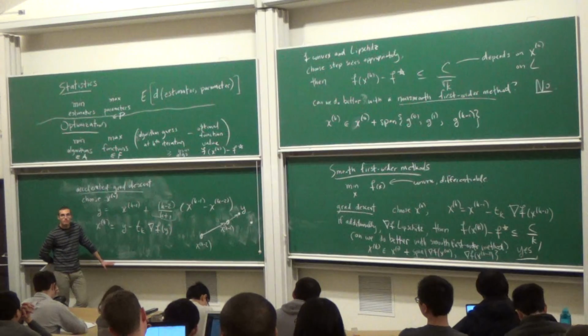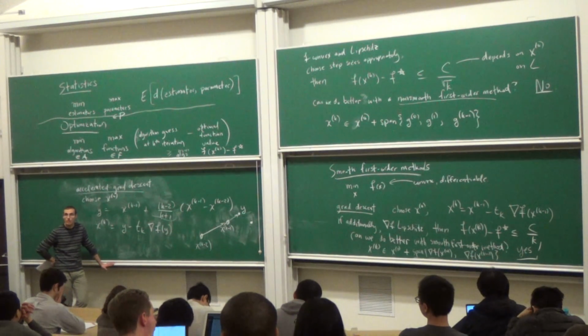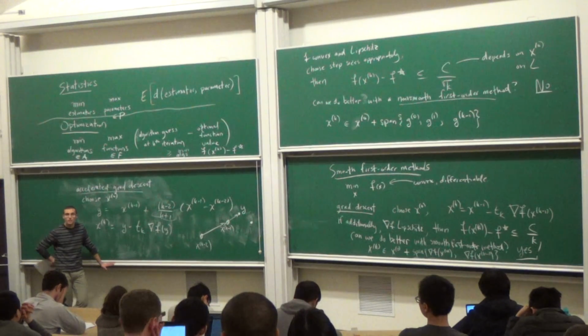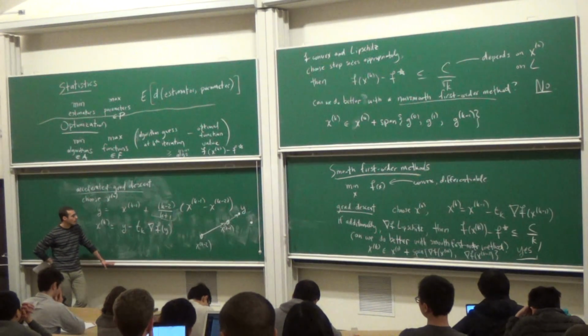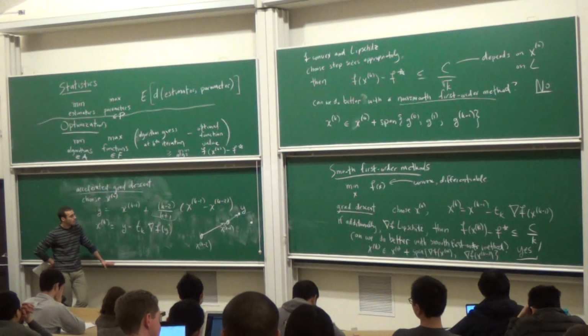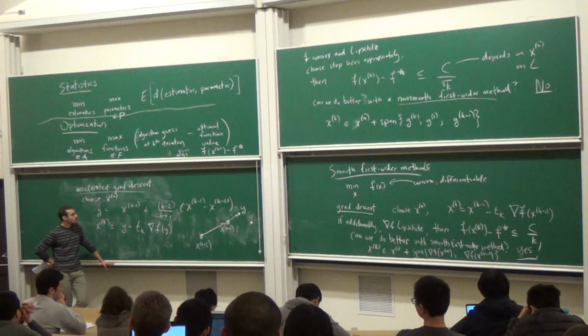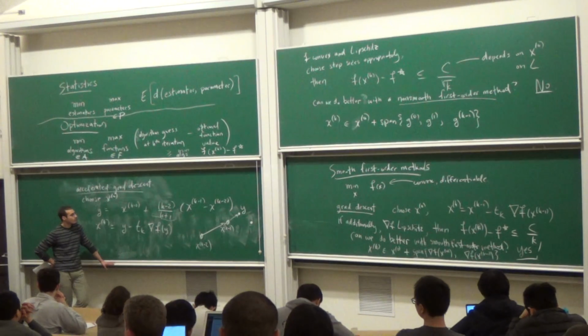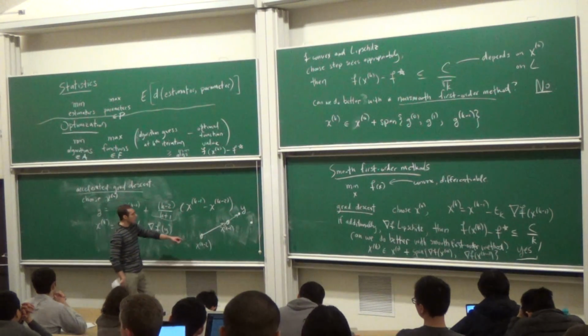No, it's okay. You mean for the iterate? Yeah, you evaluate at xk. Those are the iterates, that's right. Yeah, so it does seem like this has to be the direction of the gradient.